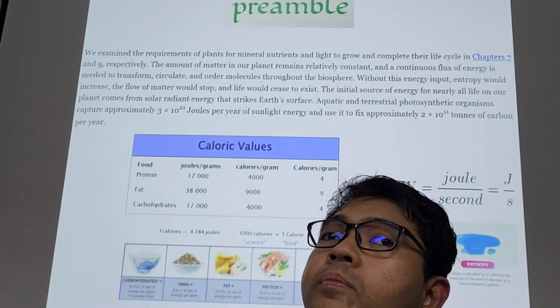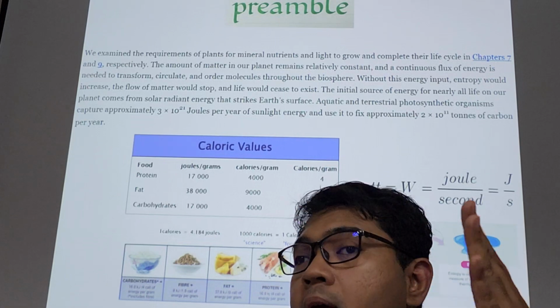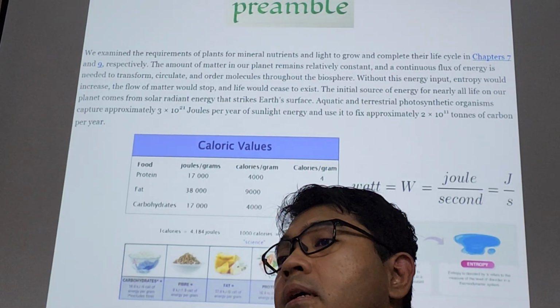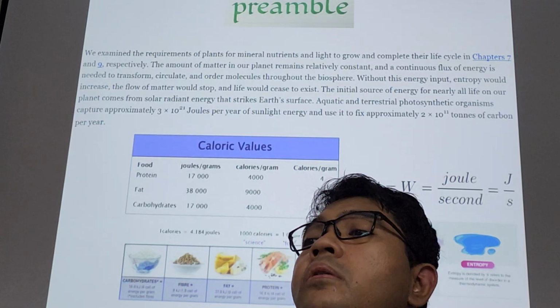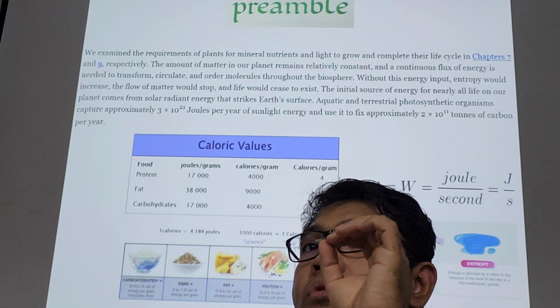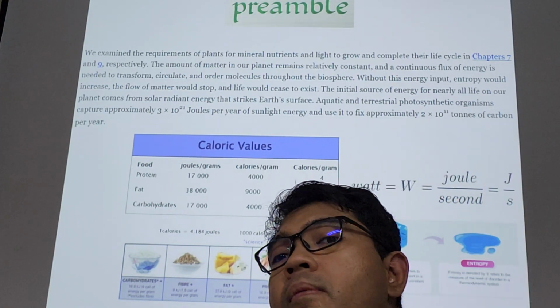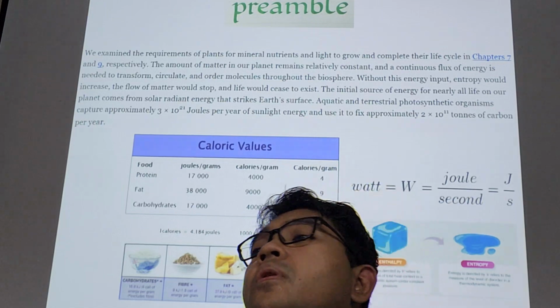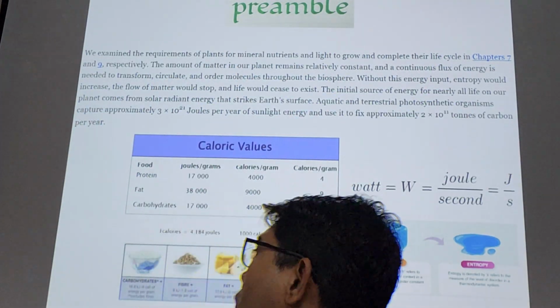There's bound to be some energy lost somewhere. But remember, like what Einstein said, energy cannot be created nor destroyed. However, it can be changed from one form to another, or recycled from one system to another system, right?